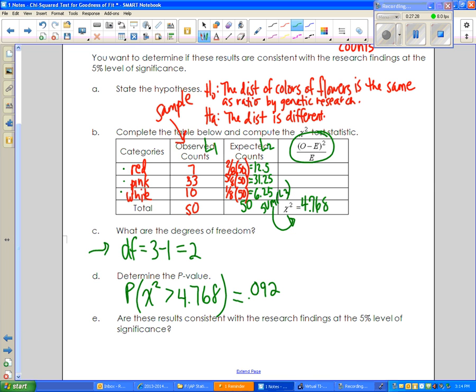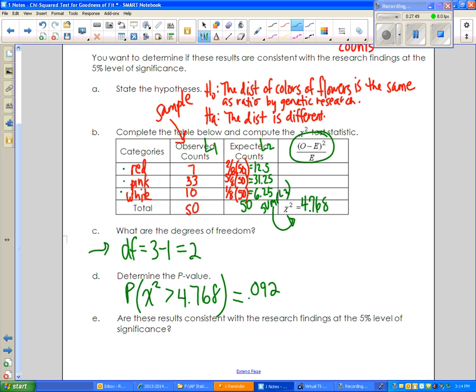Well, at the 5% level, this value is not significant. Our p-value is not less than 5%. And so I can't reject my null hypothesis, which means that I can't conclude that the distribution of colors in the sample is different from the claim made by the genetic researchers. And so that's what you'd want to write out in words.